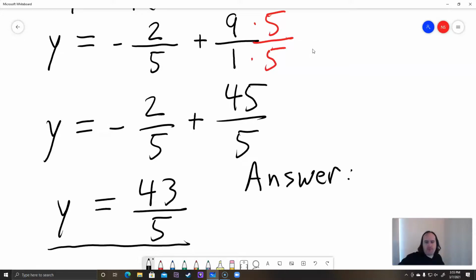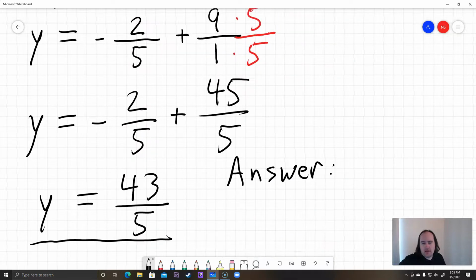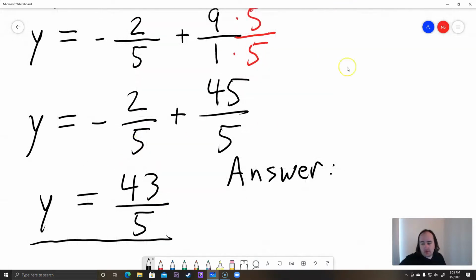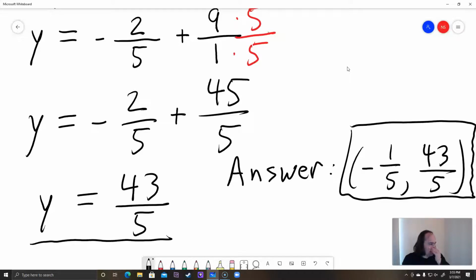So on this problem, we said that x was negative 1/5, and then we just found that y is 43 over 5. So we're going to have negative 1/5, comma, 43 over 5. That's our x comma y. All right, and that's the solution.